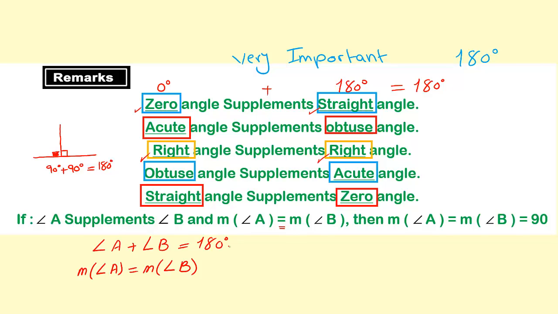This means that I will divide the 180 degrees onto two equal angles. So simply, the measure of angle A is equal to the measure of angle B, and each one of them is equal to 180 degrees divided by 2. So each one of them is 90 degrees.